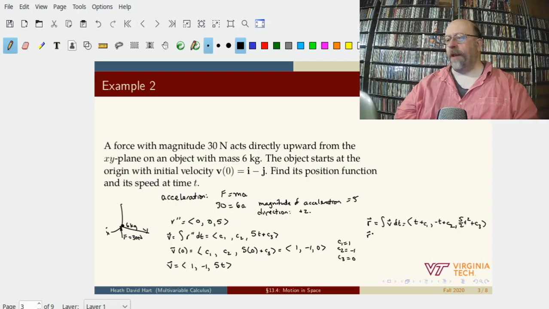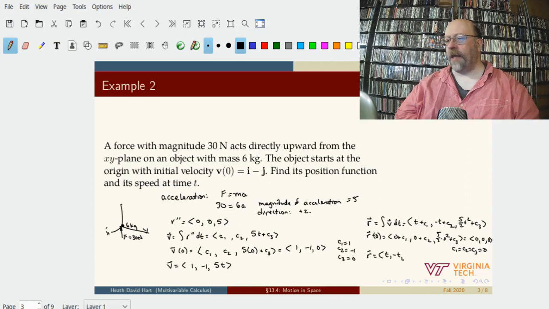And we know that at time 0, 0 plus c1, 0 plus c2, 5 halves times 0 squared plus c3 is equal to the origin. Well, that makes it easy. c1, c2, and c3 are all equal to 0. And so our position vector is just t, negative t, and 5 halves t squared.